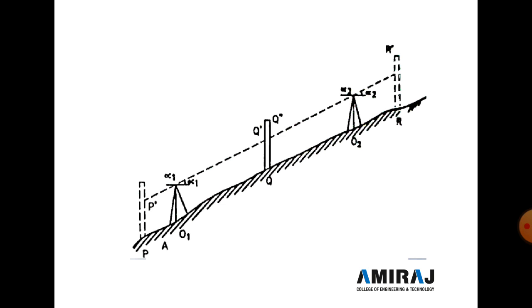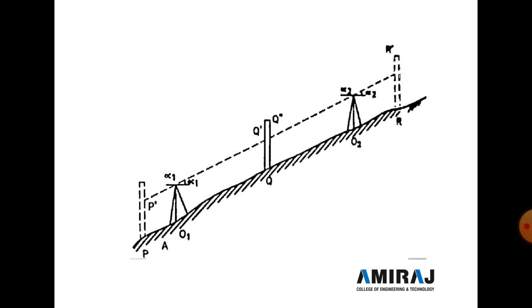Now the staff is held at point R, and without changing the vertical angle alpha 2, measure the slope of QR. So here alpha 2 is not changed; rotate the telescope and measure the same vertical angle alpha 2, and measure the slope distance QR.